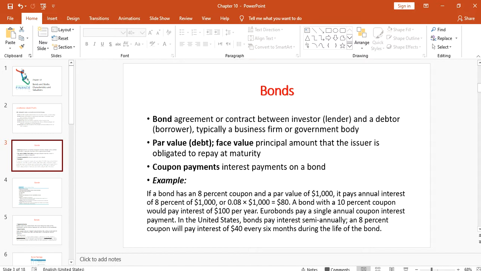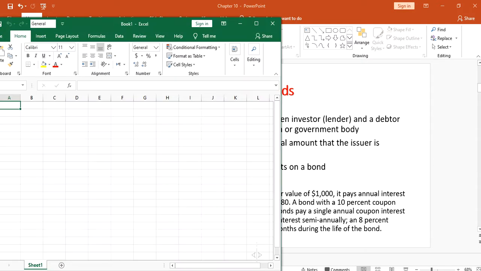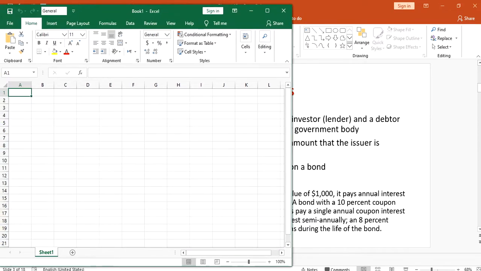So a bond is an agreement between two parties. According to this agreement, one party lends some money to the other party in return for some interest. Let me clarify it a little bit further here. Assume we have Y and X parties.